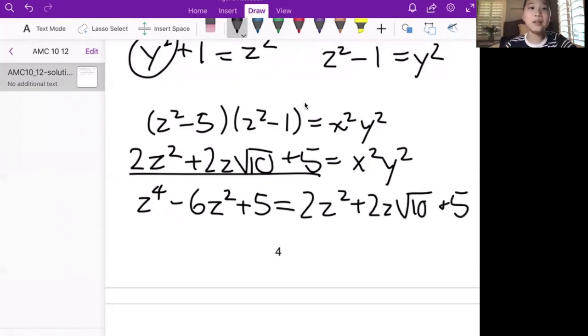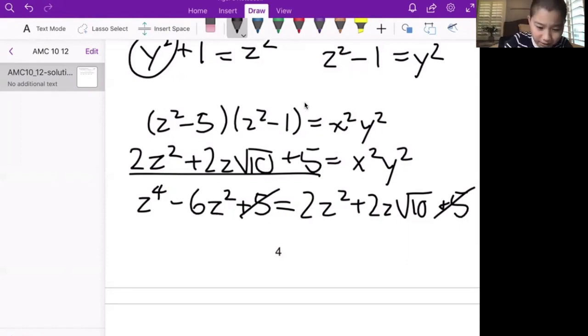And when you see a quartic equation of degree 4, you can cancel out the constant terms. That's super exciting. You can reduce it to a cubic equation by dividing both sides by z.